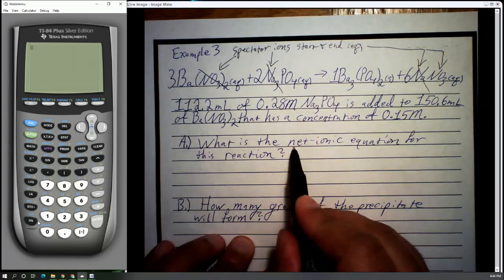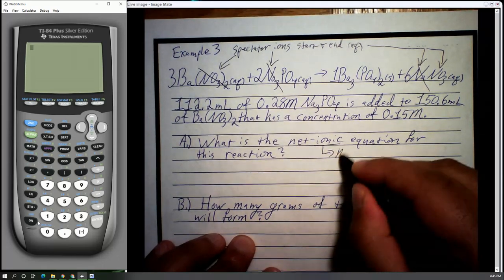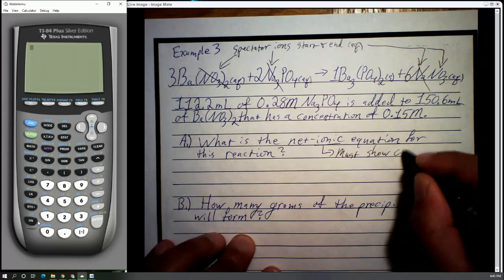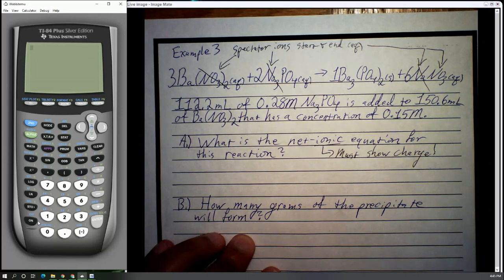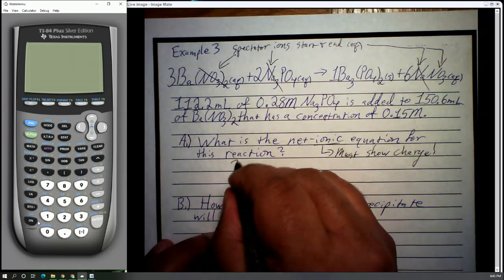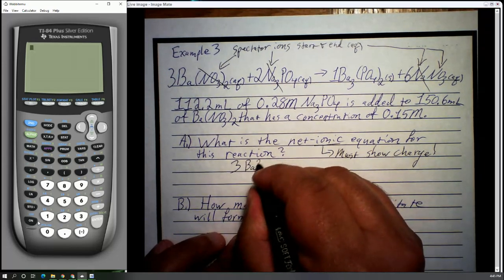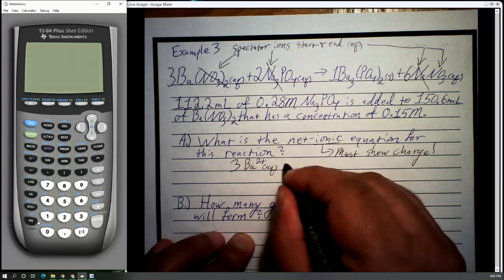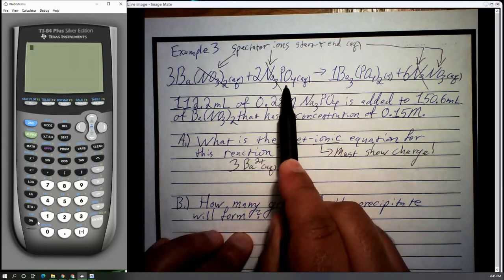Now remember, net ionic, you have to have your charge. No charges, it's not a net ionic. So we've got 3 bariums. Barium's from group 2, so it's got a +2 charge. Now, phosphate is a polyatomic ion with a -3 charge.